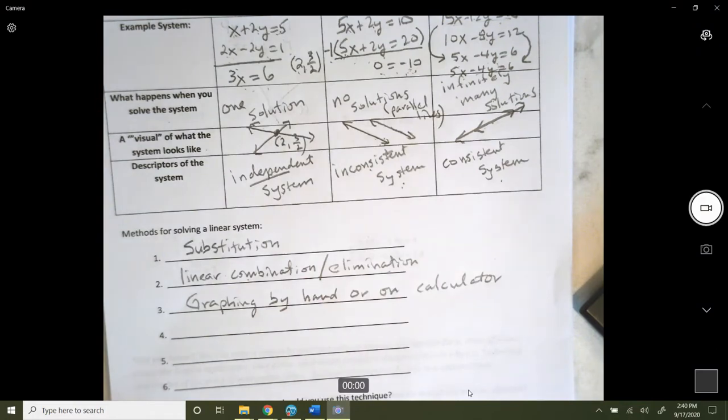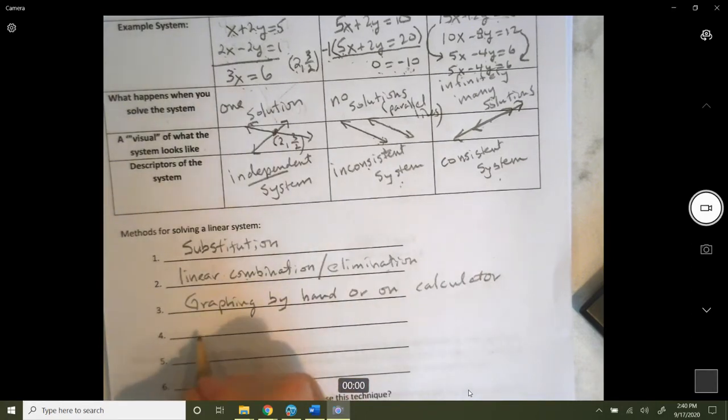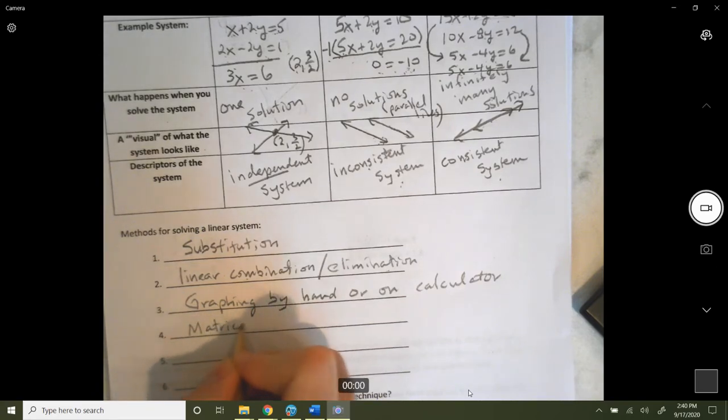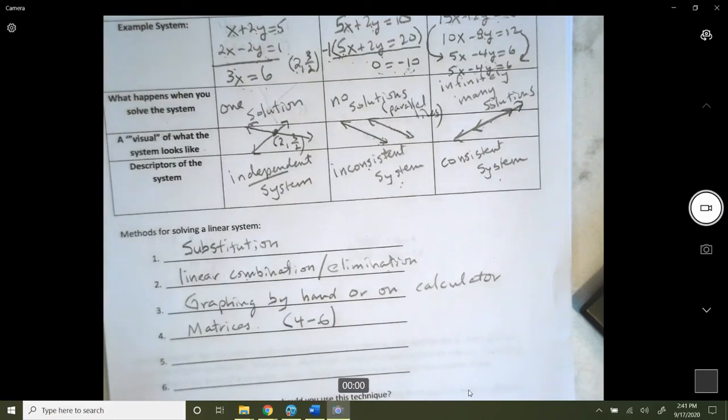Number 4 is graphing on the calculator, solving the system using matrices. Okay, we're going to go through that, but that's going to be in 4-6. We'll learn how to solve by matrices.